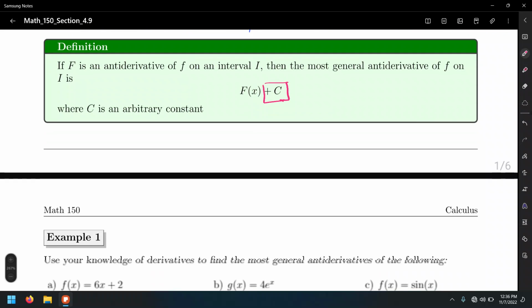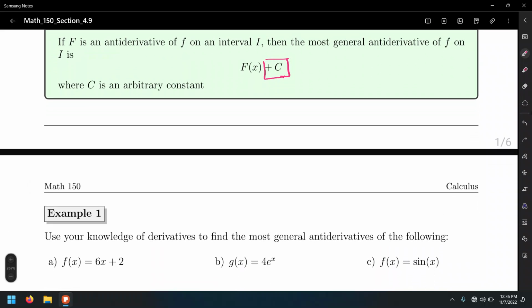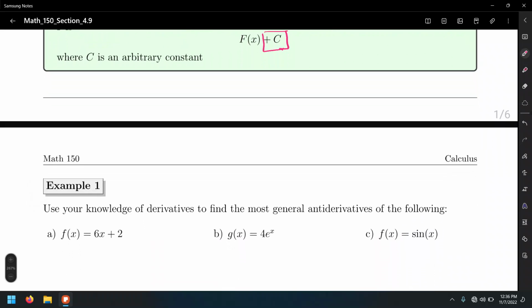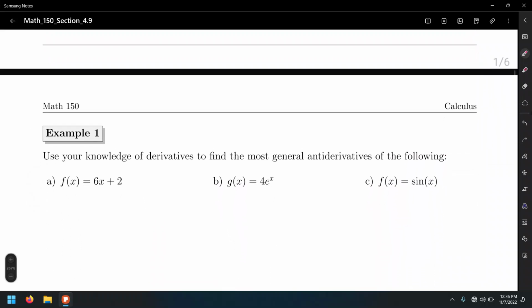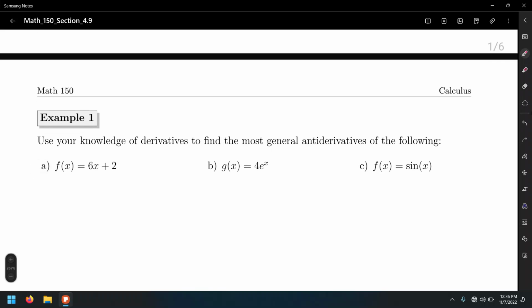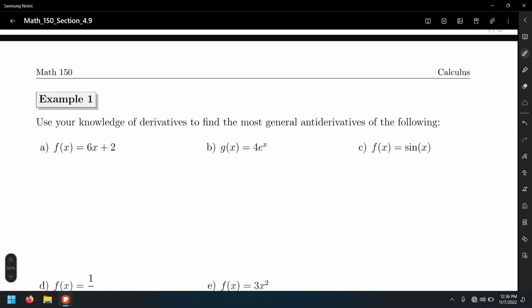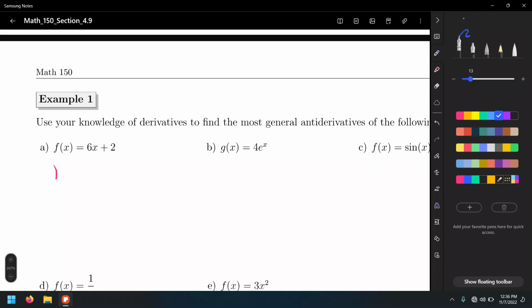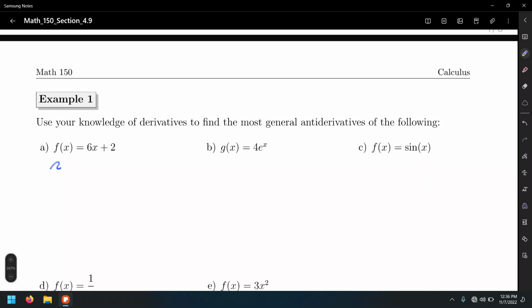In this case, we're not going to look at the formulas just yet. Use your knowledge of derivatives to find the most general antiderivatives of the following. So let's find big F. What function has a derivative equal to 6x? 3x squared.